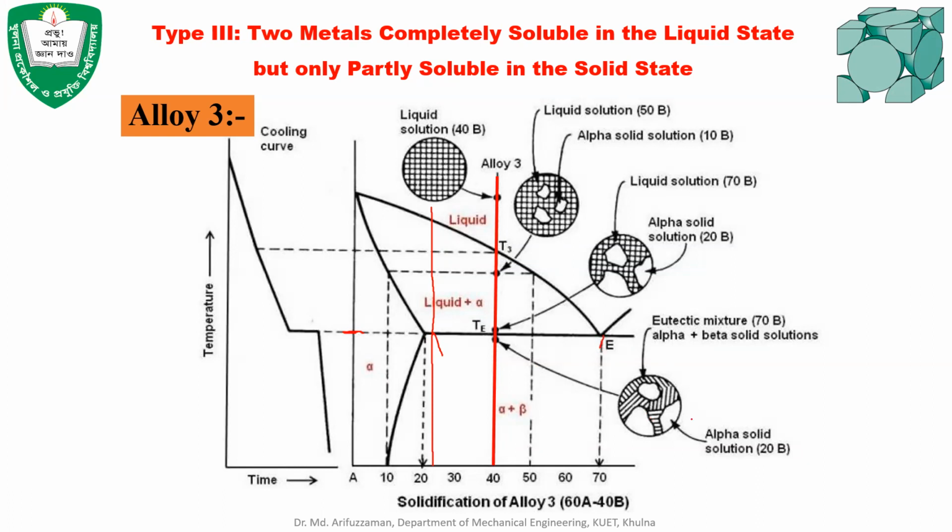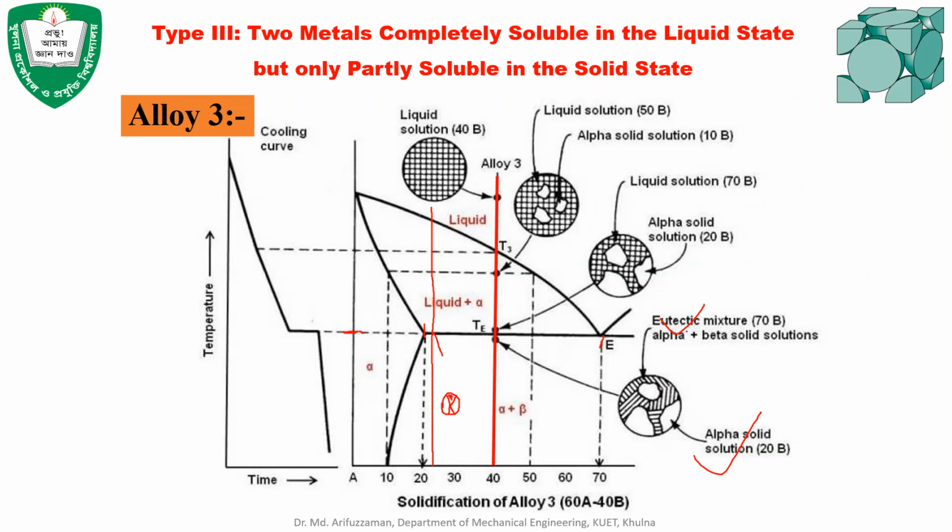So there is a huge amount of alpha solid solution present before complete solidification, and a very small amount of liquid is present, and that liquid upon solidification will be converted to the eutectic mixture.